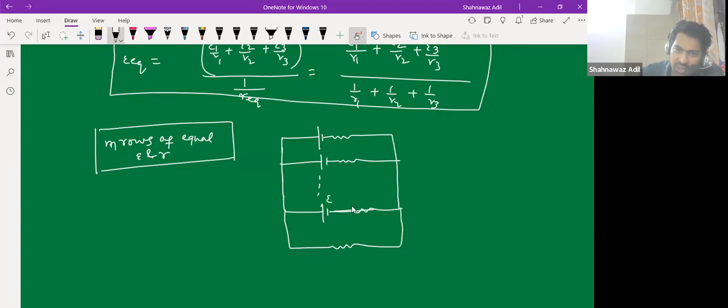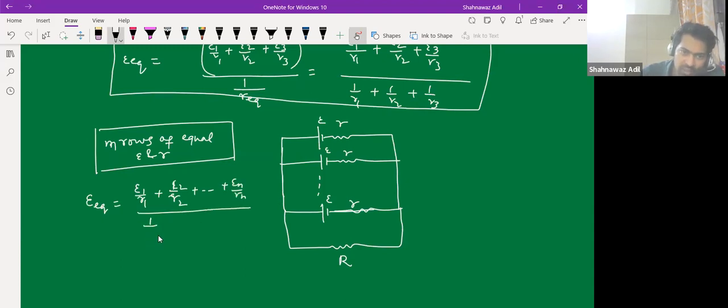So this is E r, E r, E r. Then what will happen to the total? We know that E equivalent is E1 by R1 plus E2 by R2 plus up to En by Rn, divided by 1 by R1 plus 1 by R2 plus up to 1 by Rn.